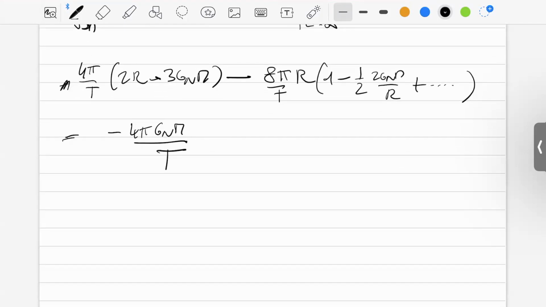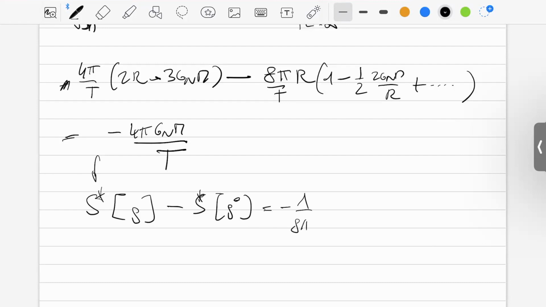And now if you plug everything into the action, so S star of G minus S star of G0, then this is just the previous result with this additional factor in front.